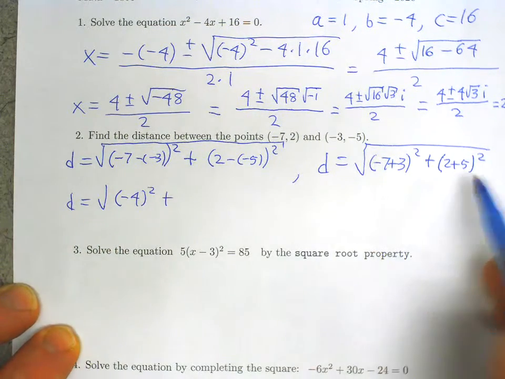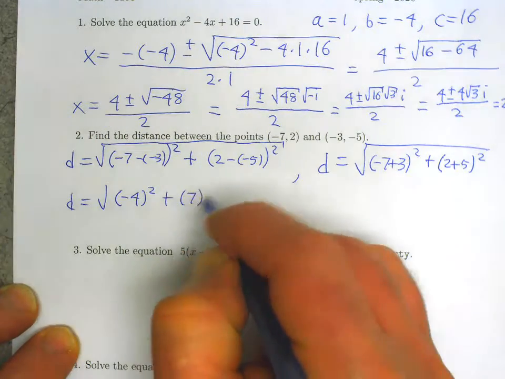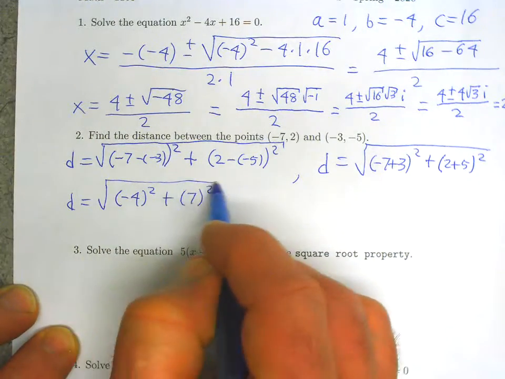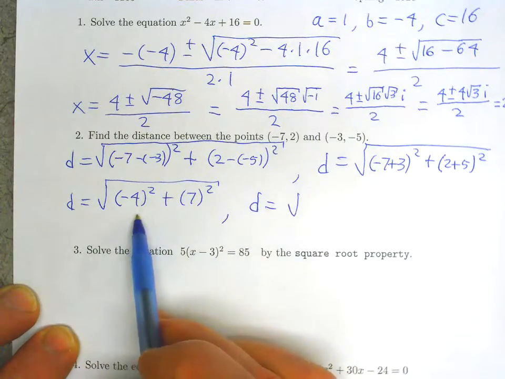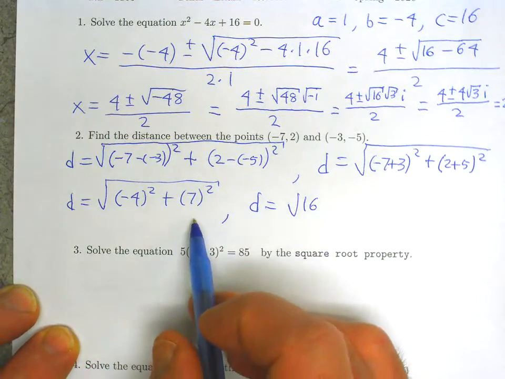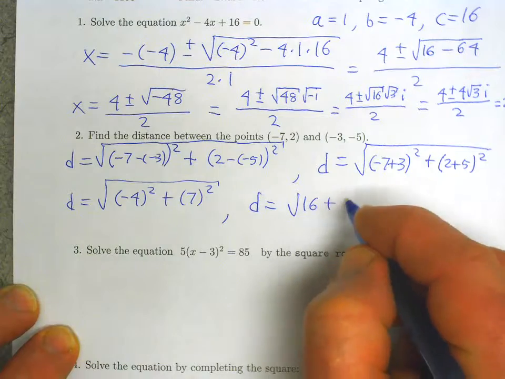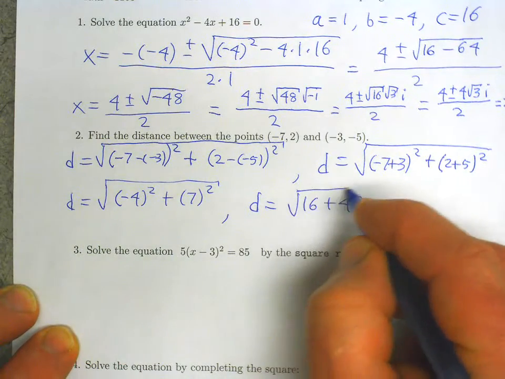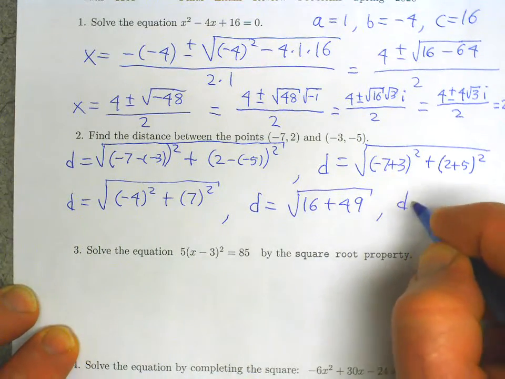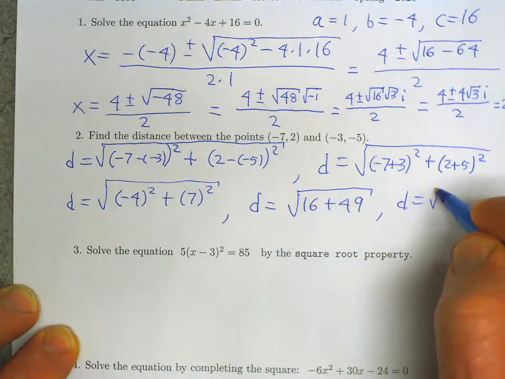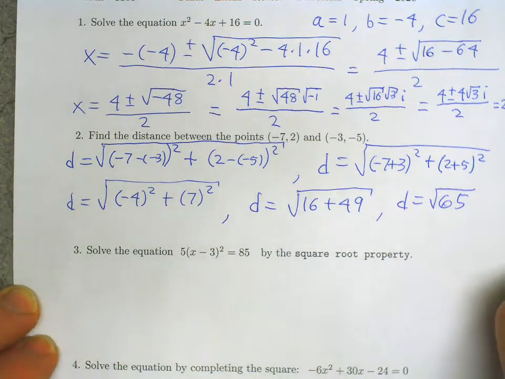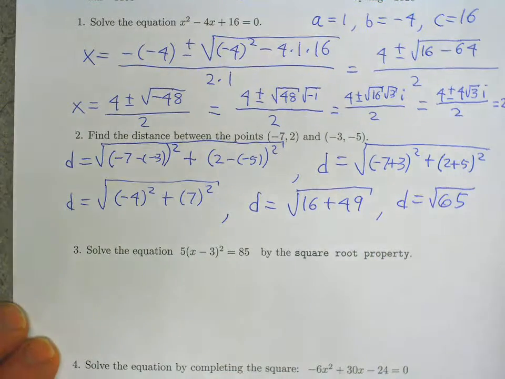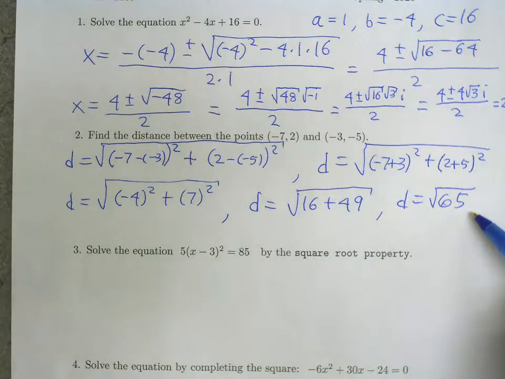And 2 plus 5 is 7, so we have 7 squared. The number negative 4 squared is 16. The number 7 squared is 49. So the square root of 16 plus 49. And finally, the square root of 65 is the distance between those 2 points. The square root of 65 cannot be simplified further.